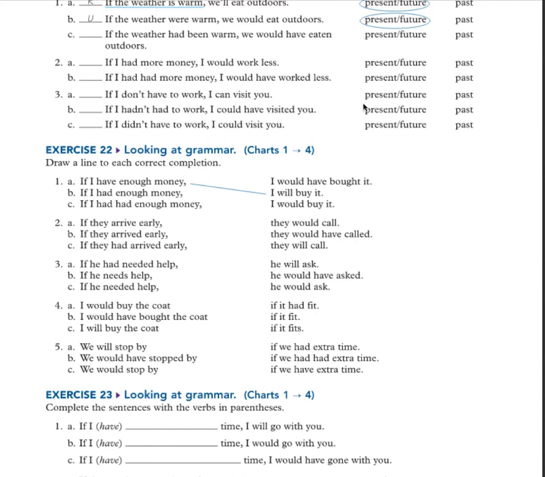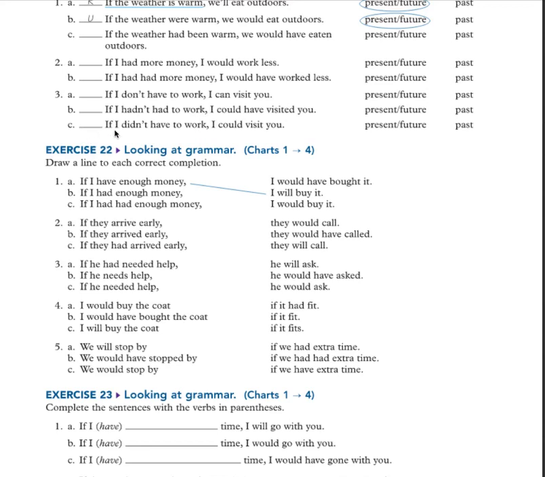So if it's real, it's going to be present future. B, if I hadn't had to work, I could have visited you. Look at the if clause. Hadn't had, past perfect. Could have visited, past participle. So my clause, if I hadn't had to work, you underline that.